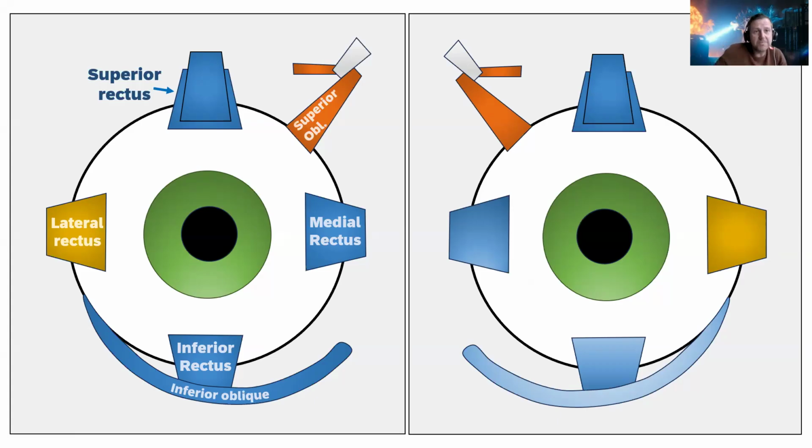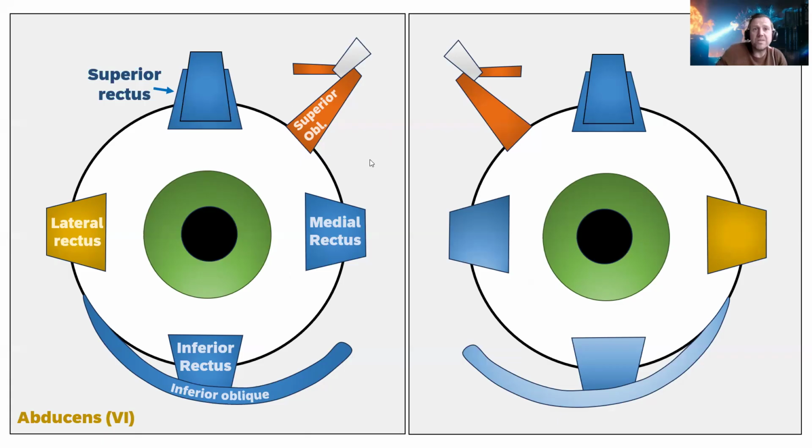Notice the colors. So this is not a coincidence. In brown, we see the muscle innervated by the abducens nerve or the sixth cranial nerve, and that is the lateral rectus muscle.